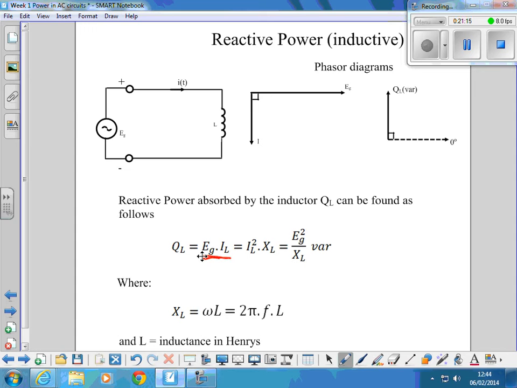You can find it from the inductor current squared multiplied by the inductive reactance, and XL we can get from omega L or 2 pi FL. And you can find it from the generator voltage squared divided by the inductive reactance of the coil.